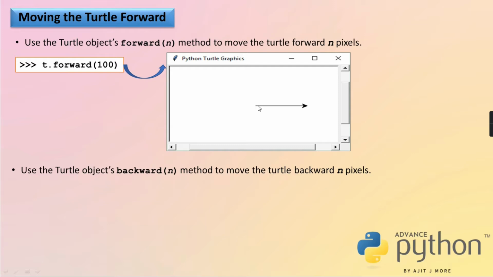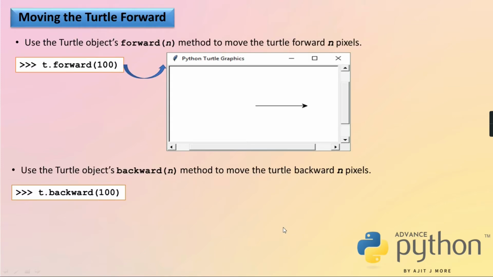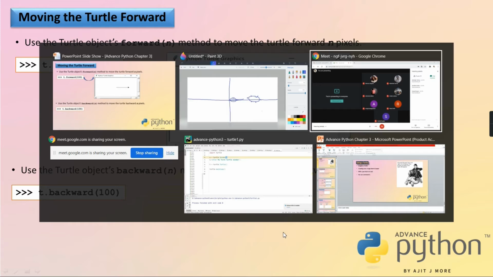In some games also we are told to go back 10 steps. As I go back 10 steps, the facing is that side only. Only the marks will be produced in the backward direction. So T dot backward 100. Now, the output I have not shown for backward, but if you want, we can see.